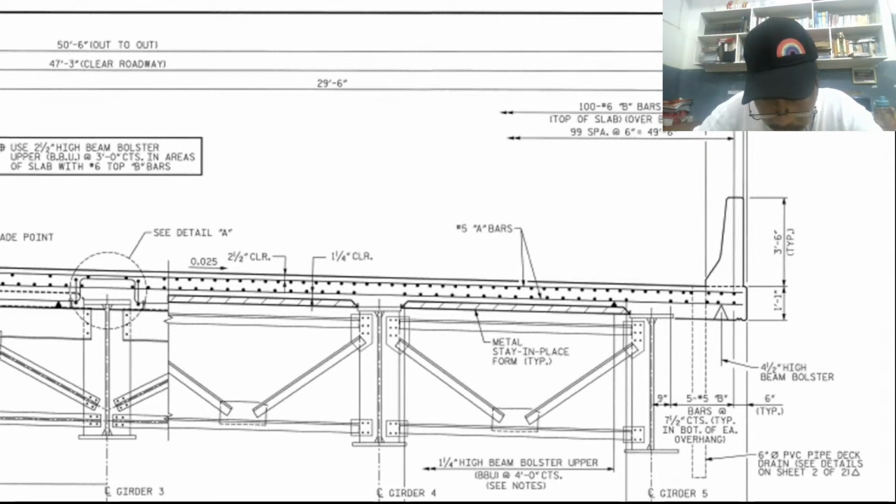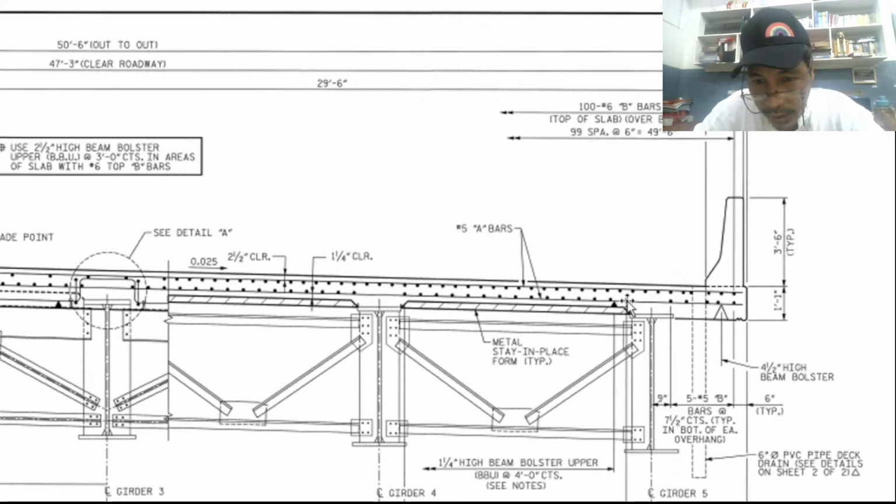But here, I think there is a mistake in the line. That's why it is referring to the metal stay in place form. The line is supposed to go farther up to this, what? The end of the lower reinforcement bars.